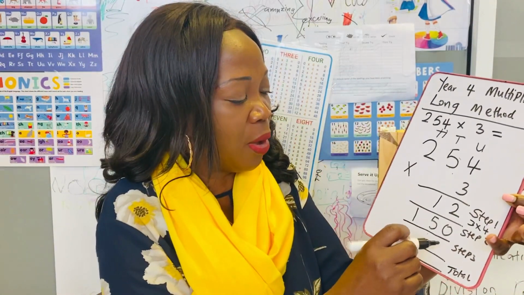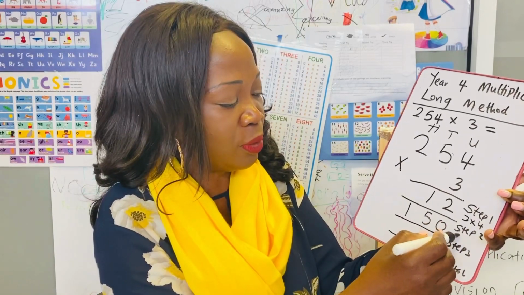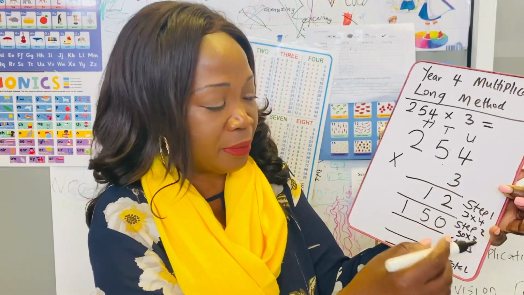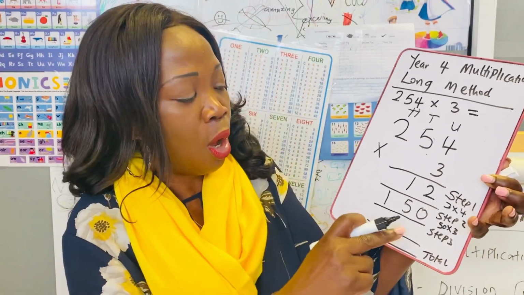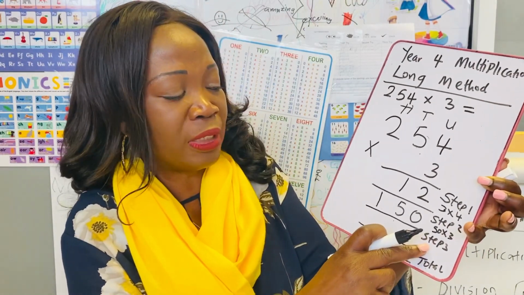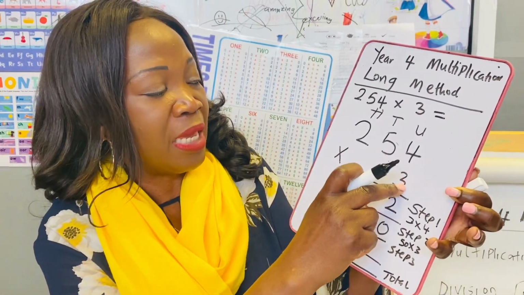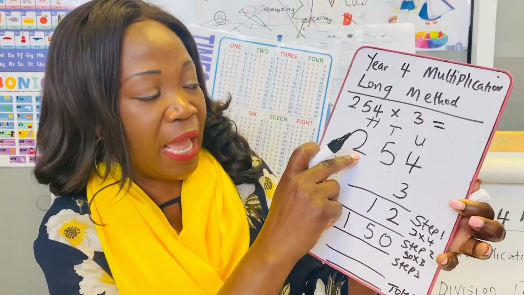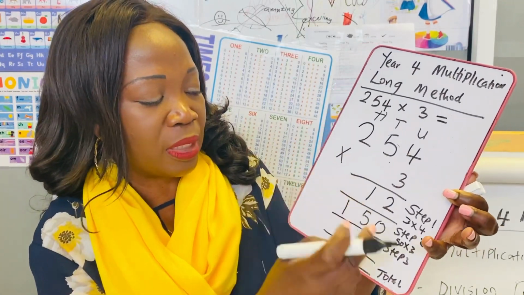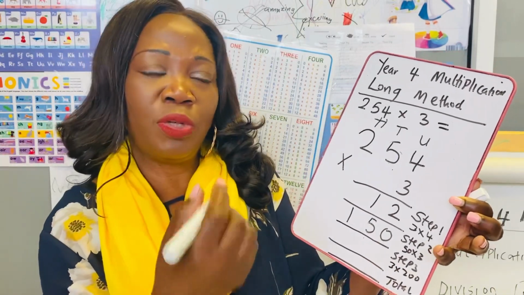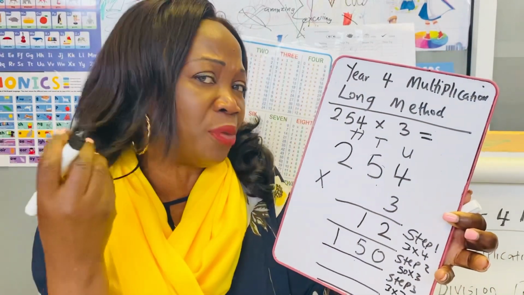Now the third step. You can write it as 50 times 3 or 3 times 50, it's the same thing. Now we're going to do the third step, which is 3 times 200. We don't know our 3 times 200, but we know our 3 times 2.